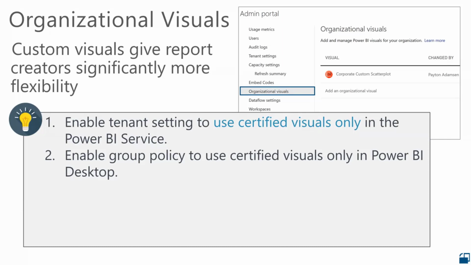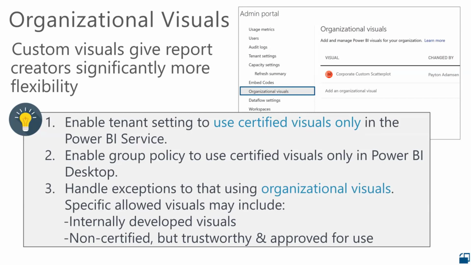And then you might say, but Melissa, we've got something that we need to use that isn't certified. This organizational visuals pane is how you handle those exceptions. So maybe you've got something you internally developed that, of course, it's not going to be sitting as a certified visual in AppSource.